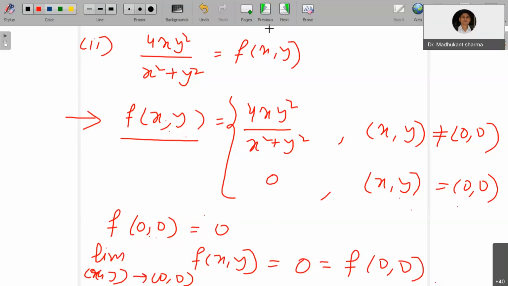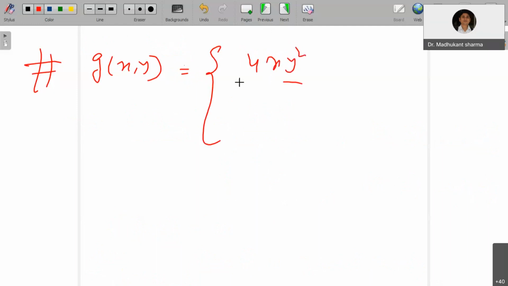Now, suppose I rewrite this. Let's say I define G. I'm just giving you an example. Let G be defined as 4xy square divided by x square plus y square whenever xy is non-zero.